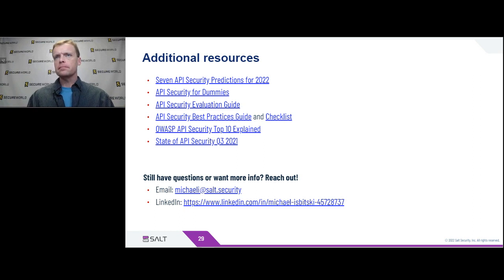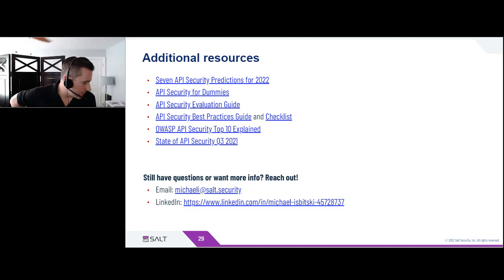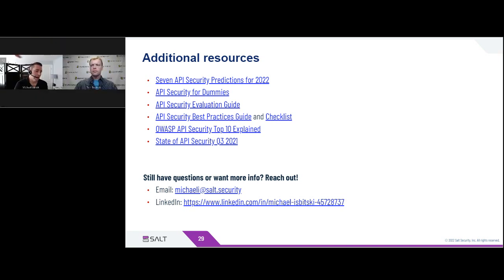Yeah, actually, I can give you some customer examples. I don't know if I can name the company, so I'll steer clear of that. But I talked about the risk of account takeovers, right? The threat of that. And there are different ways an attacker might perpetrate that. It could be brute forcing, it could be credential stuffing. But this customer had implemented Salt to do that analysis of their APIs.